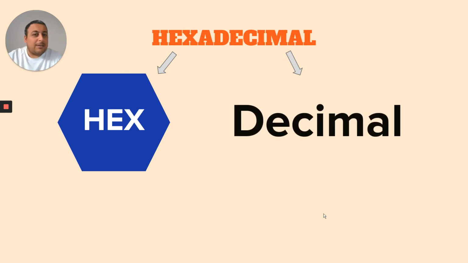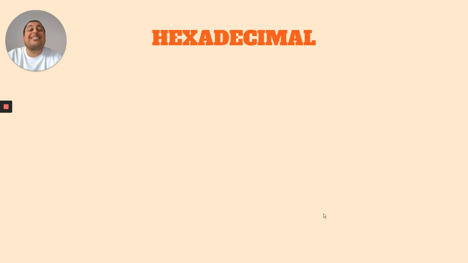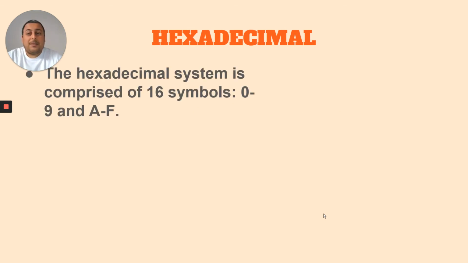Decimal, like our decimal number system, you think of the number 10. So hex plus decimal gives you 6 plus 10, which means that we are dealing in a base of 16 this time. The hexadecimal number system is comprised of 16 symbols, 0 to 9, and A to F.